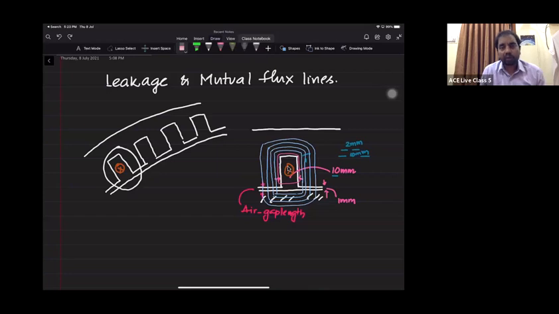More is the mutual flux, then more will be the power transfer. So the magnetic flux lines which are linking with both stator core and the rotor core, we call it as mutual flux lines. The flux lines which are linking only with either stator core or rotor core, but not both, we call it as leakage flux lines, right? I hope this point is clear. Confirm me, I'll give the statement.